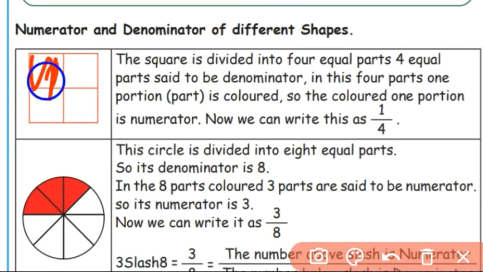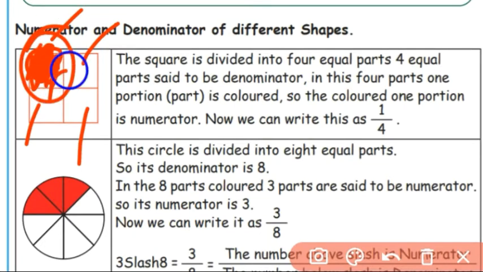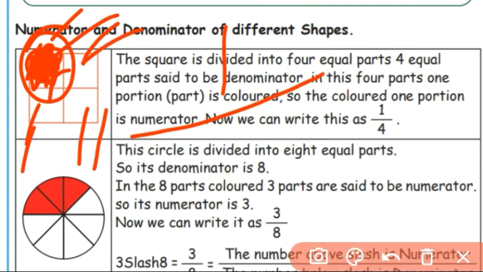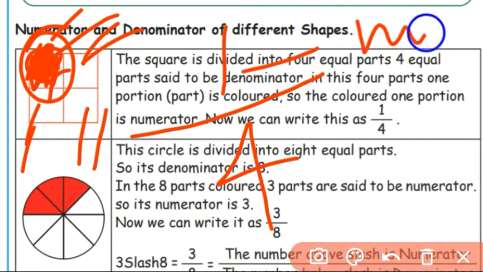So I am coloring this part. The colored portion is the numerator. One part colored divided by 4 parts. The total number of parts is 4. So 1 by 4: 1 is the numerator, 4 is the denominator.